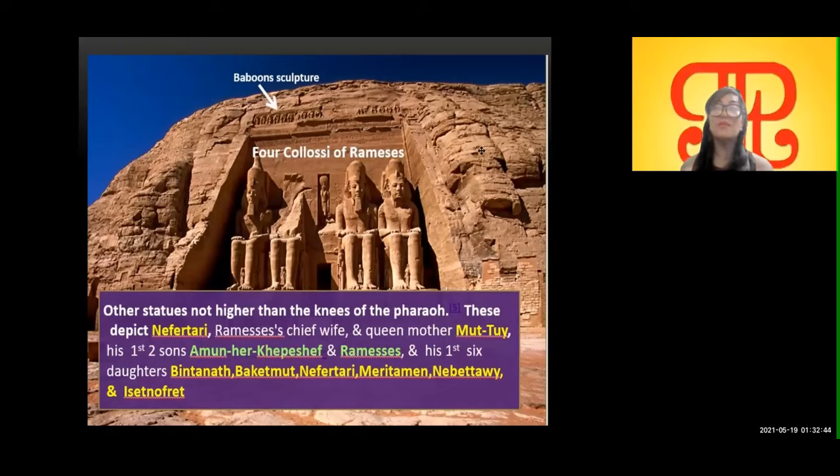photo, which illustrates the four colossals of Ramses II. They're all pharaohs, and other statues not higher than their knees, which depict Nefertari, Ramses' chief wife, and Queen Mother Mutui.